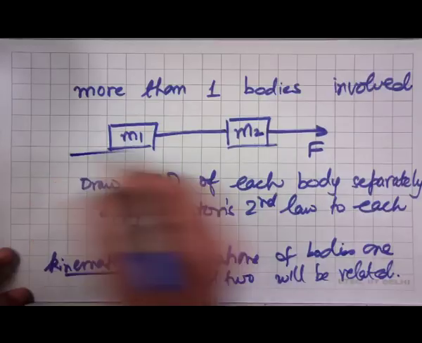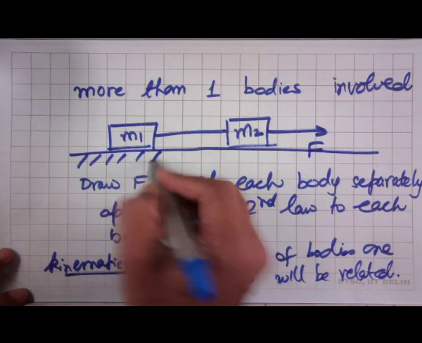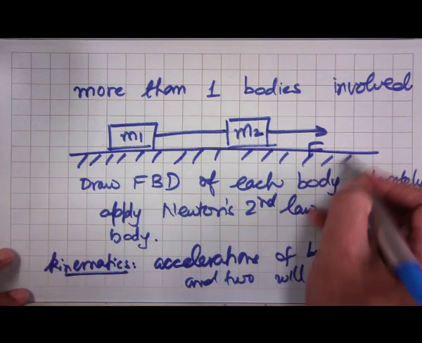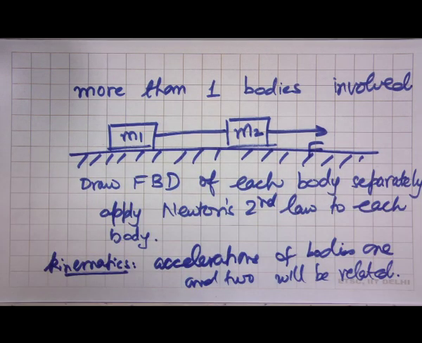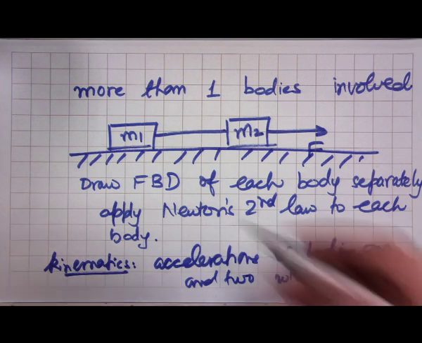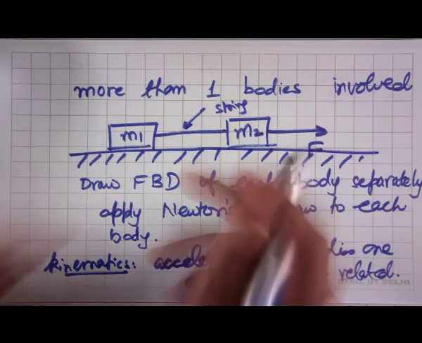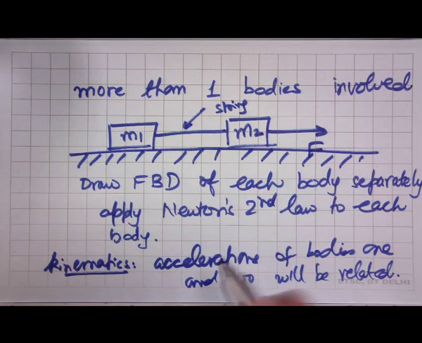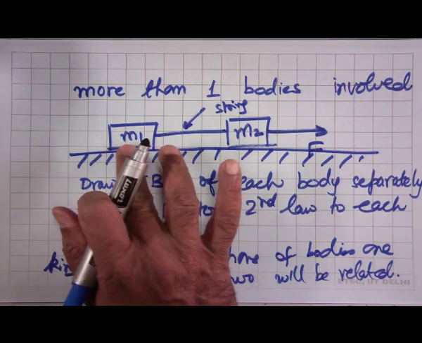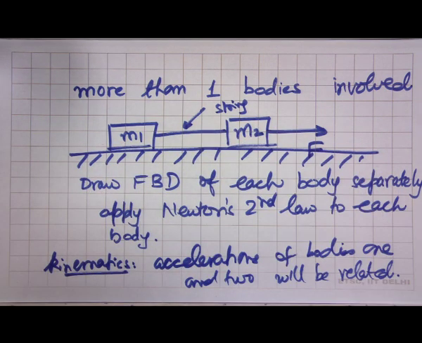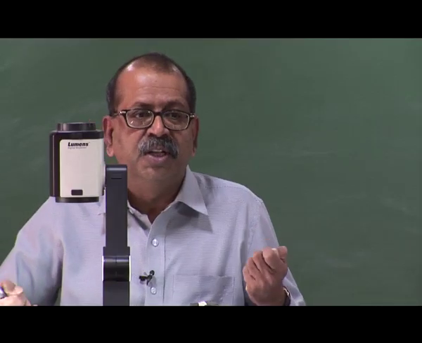For example, let us say these bodies m1 and m2 which I talked of are lying on a table and they are being pulled in the horizontal direction. If the string, or cord, between these two bodies cannot extend, its length is constant, then we can clearly say the acceleration of body 1 is equal to the acceleration of body 2, because the length of the string does not change.